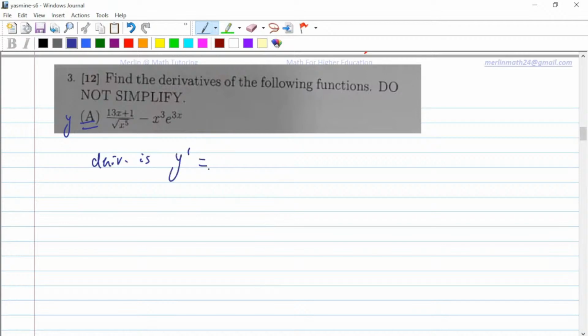You have to do quotient rule and product rule. The first is a quotient, it is a must, and that is a product. So in the same problem, both. Now it's up to you. You can write the u and v clearly, or you can go on.